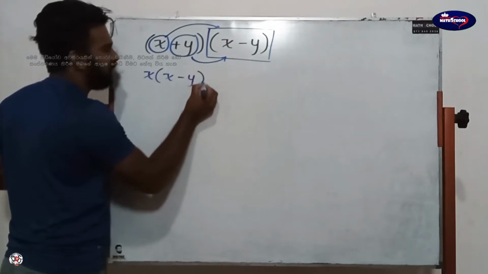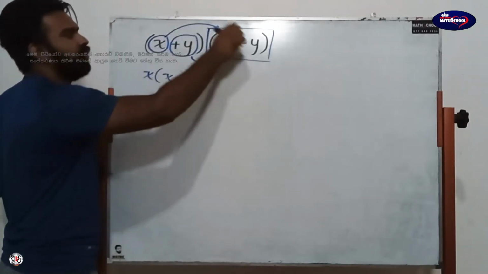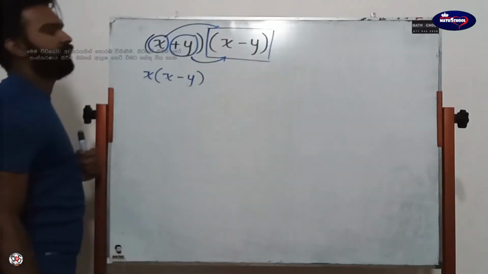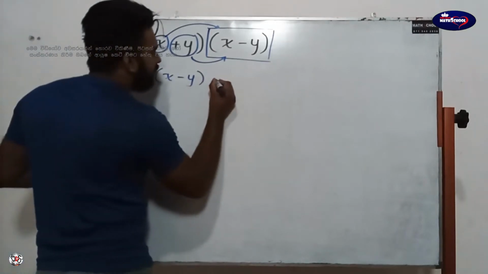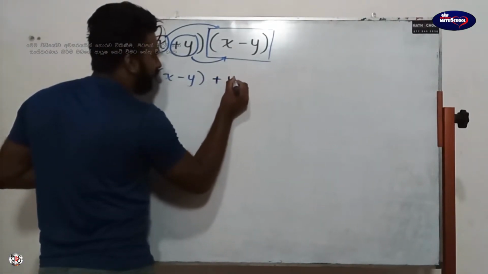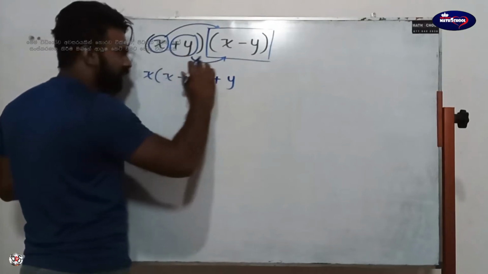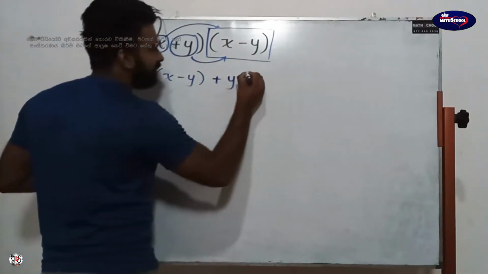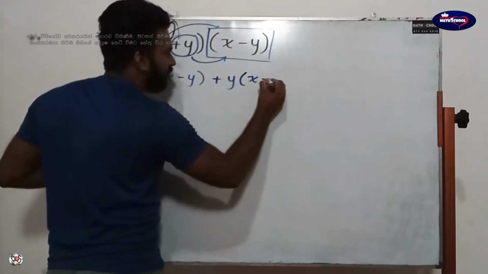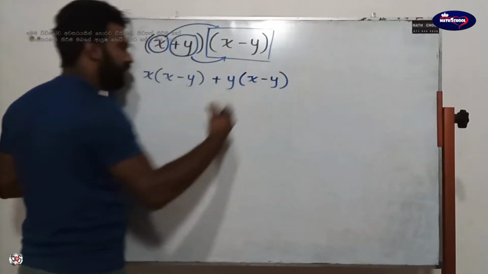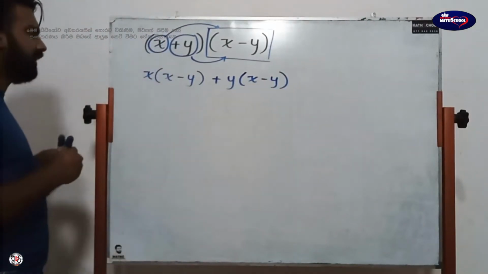This is the first part. And then from this plus y also, we should multiply the same expression, x minus y, right? So let's multiply now.